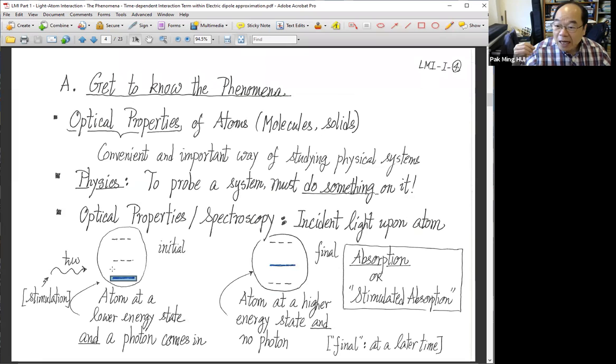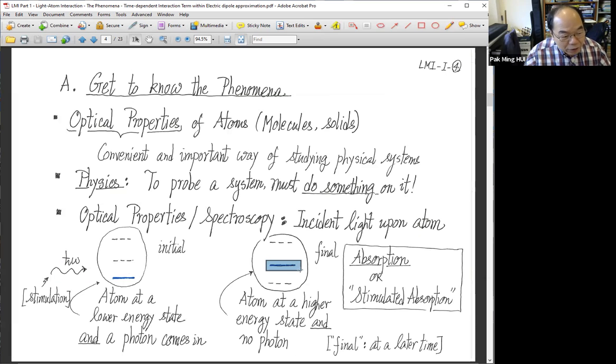So you start sending in light, incident light, to interact with the atom. And then maybe some time later, the atom is so-called excited into a higher energy final state.